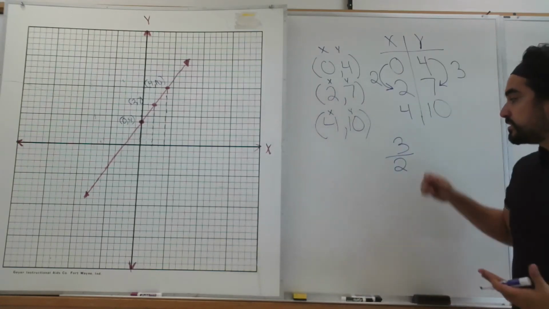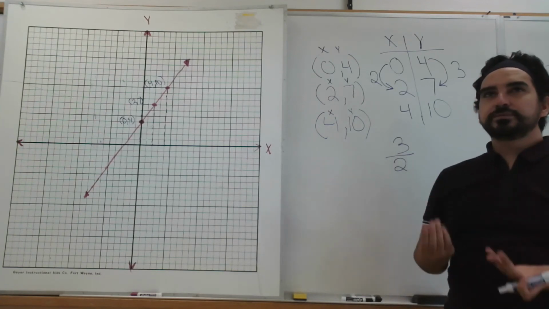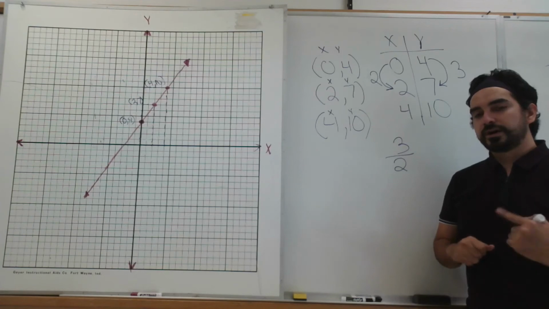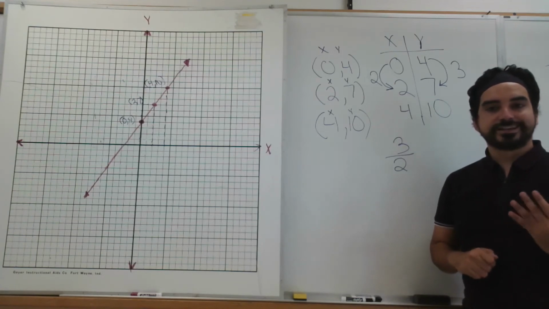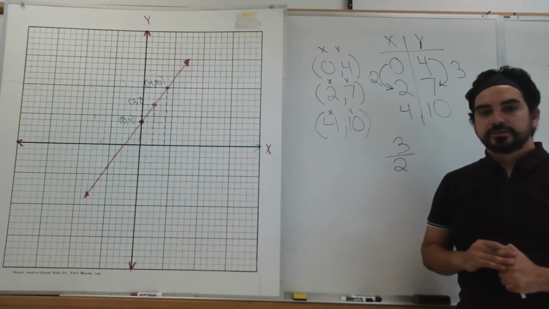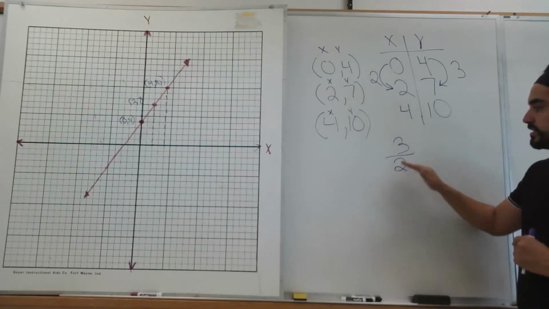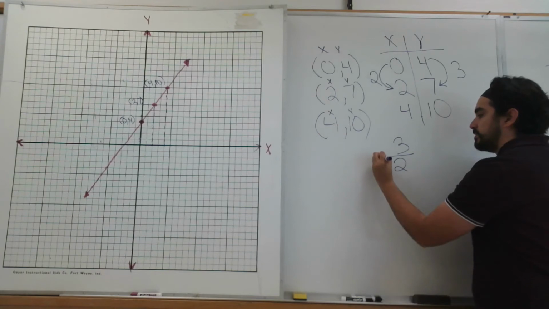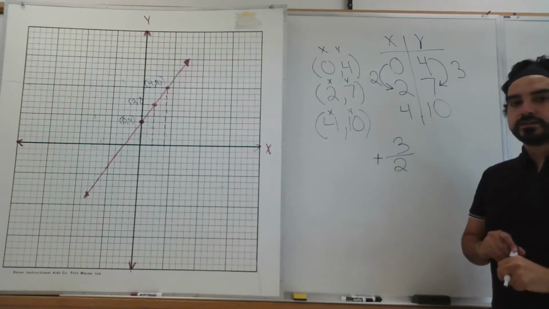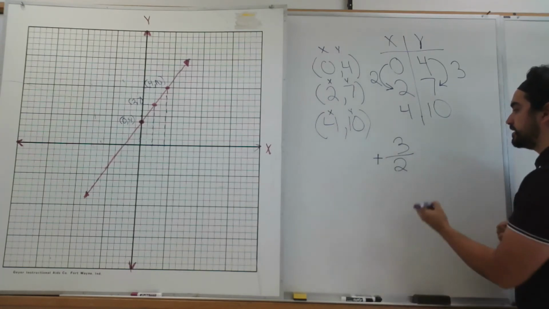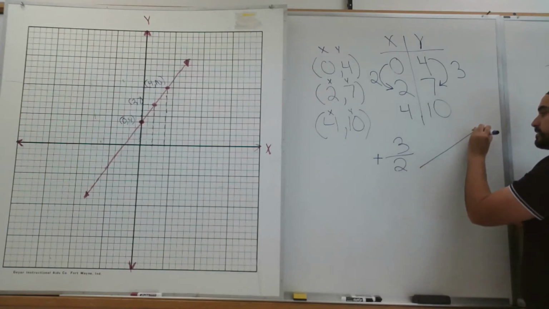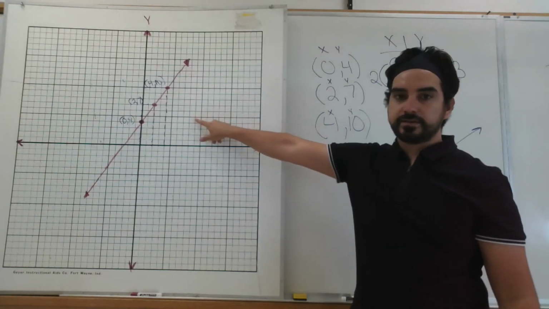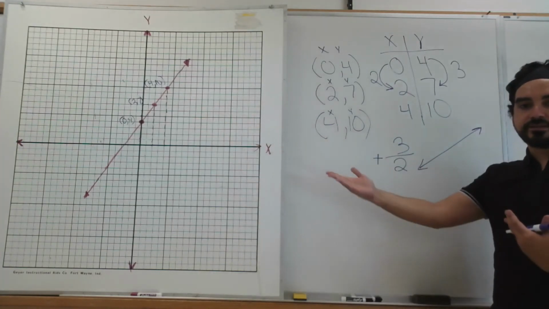So if my slope is 3 over 2, what type of slope do you think this would be? Remember, there's 4. We have positive, negative, undefined, and 0. Well, let's look at our slope, 3 over 2. Well, we know this slope is positive. So the type of line would be positive, which is exactly what we had here. Okay? This matches our graph.